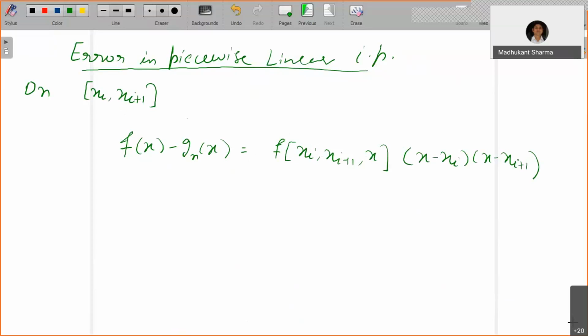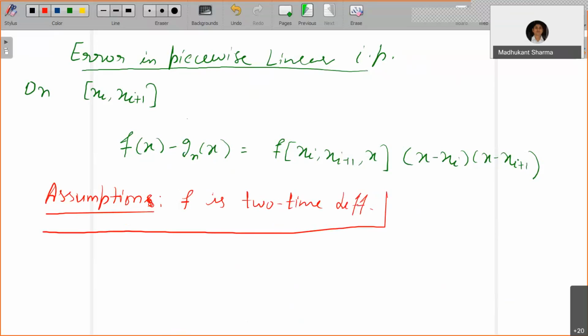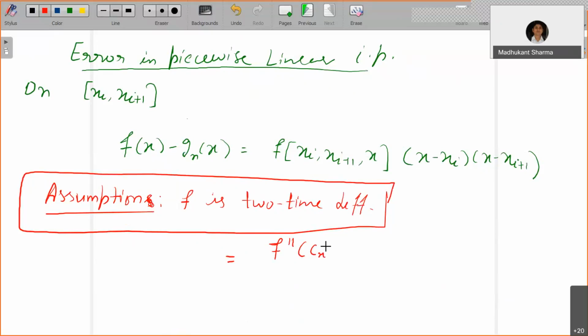Now we have an assumption here: f is at least 2 times differentiable. Then, with the application of Rolle's theorem, there exists some c such that the error equals f double dash of c by 2 factorial times (x minus xi) times (x minus xi plus 1).